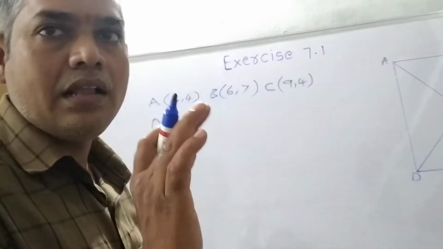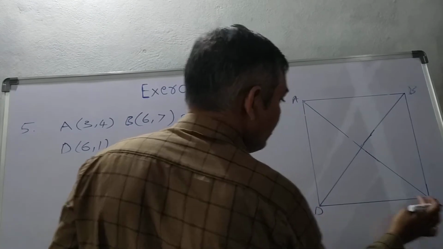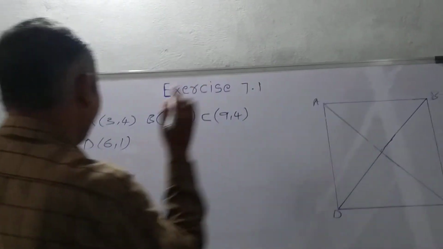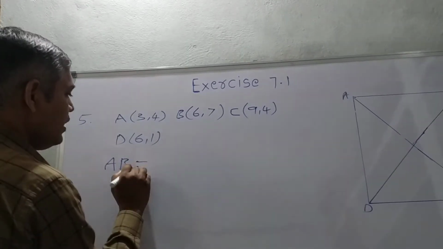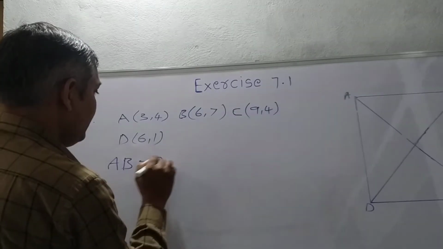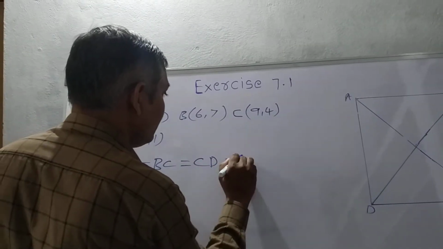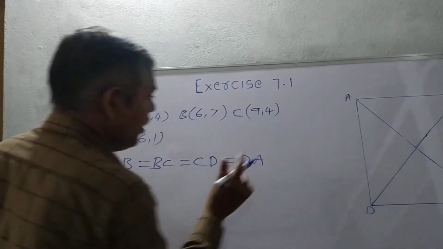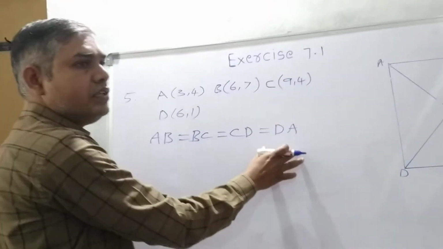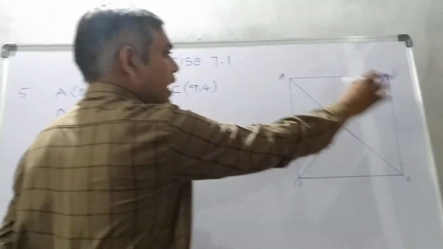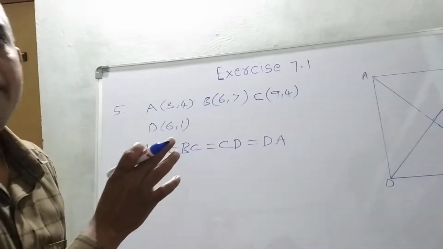In a square, all the sides are equal: AB is equal to BC is equal to CD is equal to DA. If all the sides are equal, we can say that the diagram is a square.